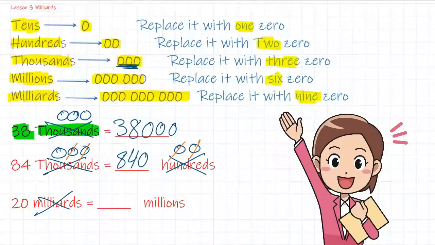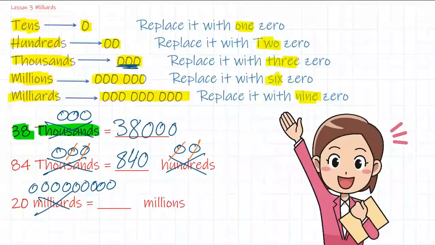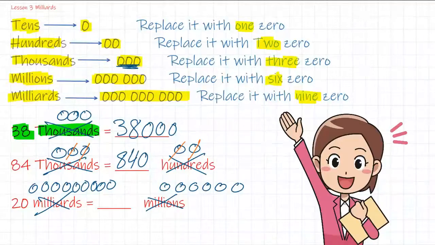If you see milliards, cancel it and write 9 zeros like that. If you see millions, cancel it and put 6 zeros. After that, let's cancel the number of zeros here with the number of zeros here. You have to cancel the same number of zeros in each one. So let's take it one by one.